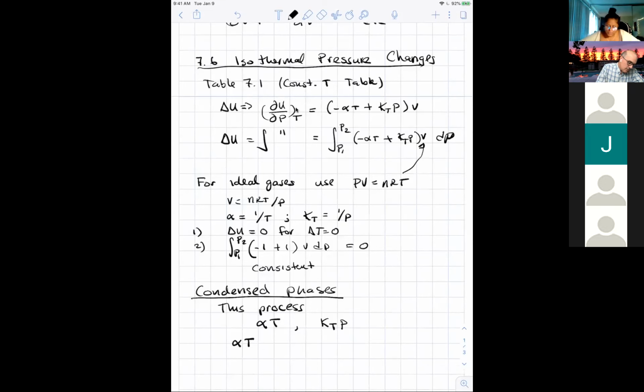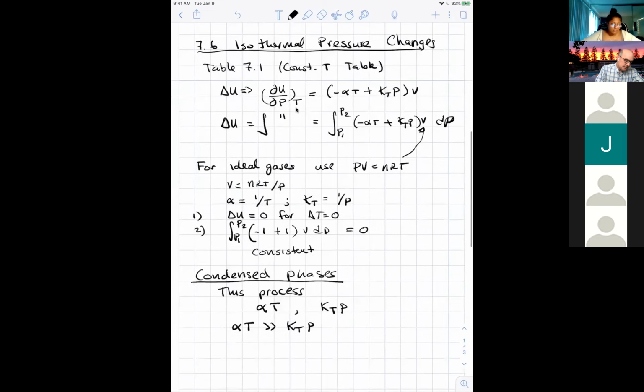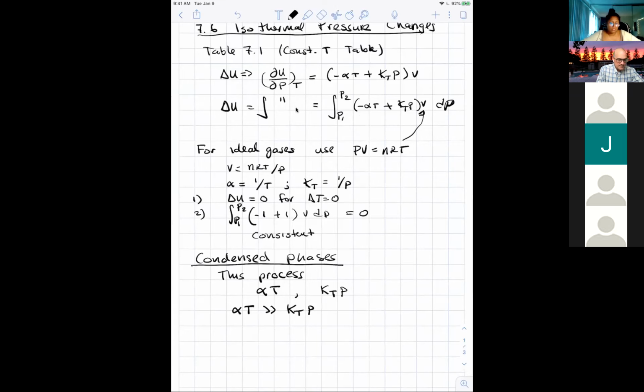So it turns out that, I guess the first one's the expansivity. This is why I don't like using the names, because I can never remember them. This is true. The alpha times the T is much greater than the kappa times the P for solids and liquids, kind of for two reasons.